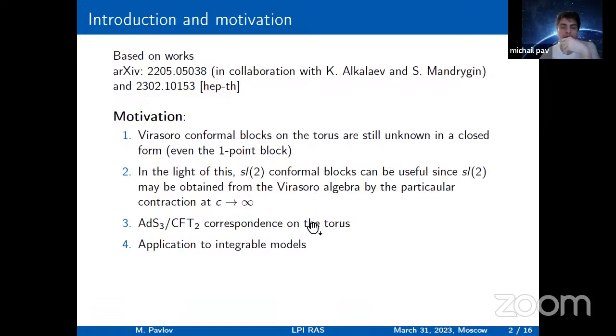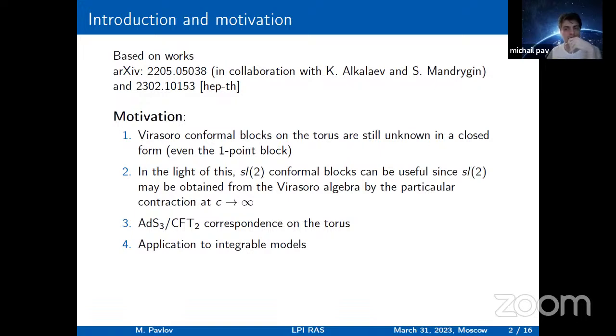There are two other points to highlight, but I'm not going to describe them during this talk. These are just some interesting points. The first one is the AdS3/CFT correspondence for the blocks on the torus, and it requires calculation of Wilson lines on the AdS3 side.